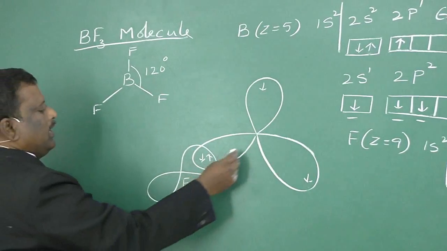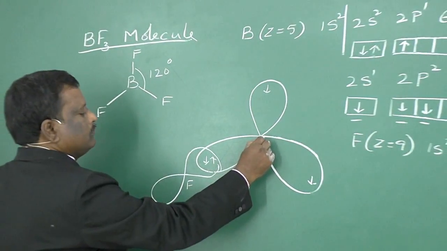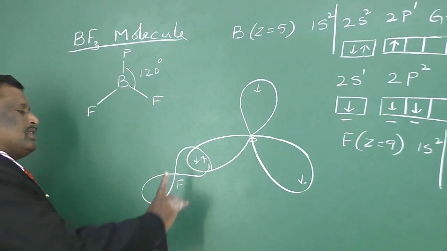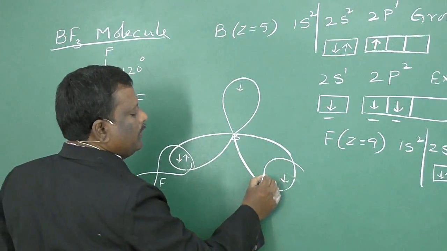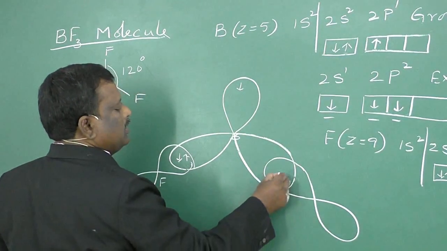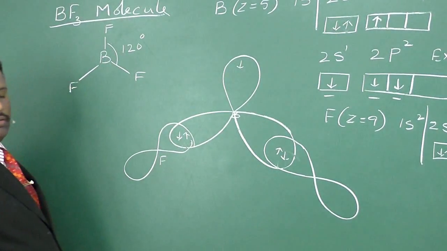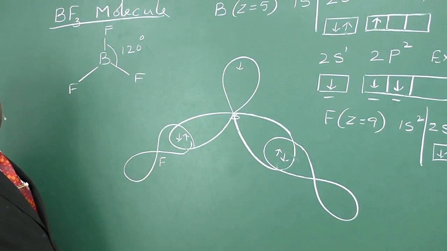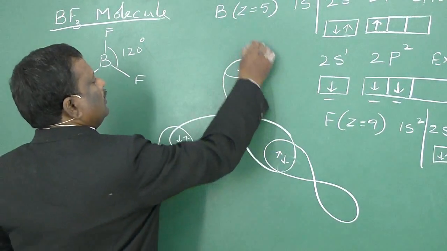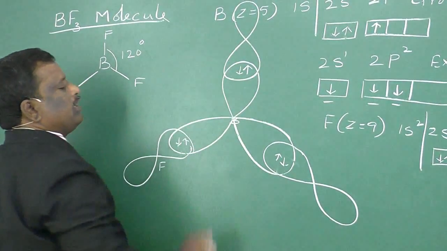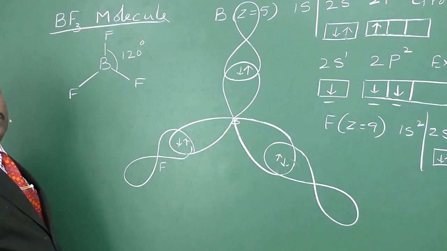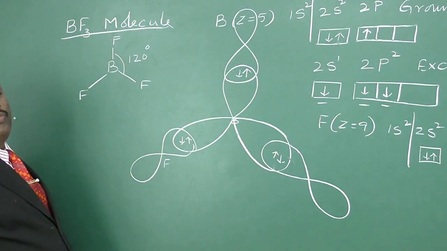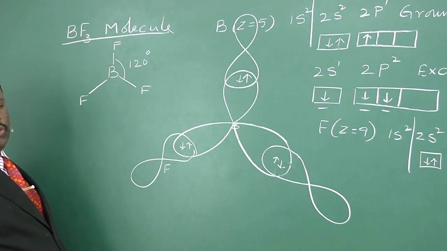This is F and this is B. The second fluorine atom's half-filled p orbital overlaps with the next sp2 hybrid orbital of boron, and by mutual sharing of a pair of electrons forms another B-F sigma bond, and the third fluorine atom will overlap here and by mutual sharing of that pair of electrons forms a B-F sigma bond, so that 3 B-F sigma bonds are formed in the BF3 molecule.